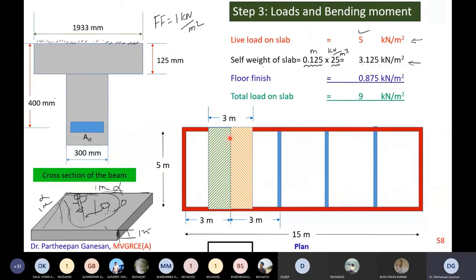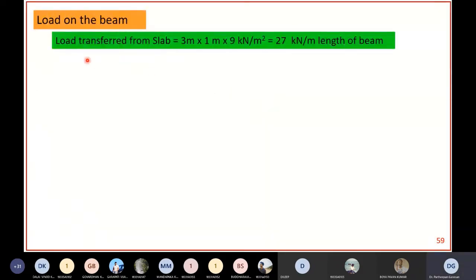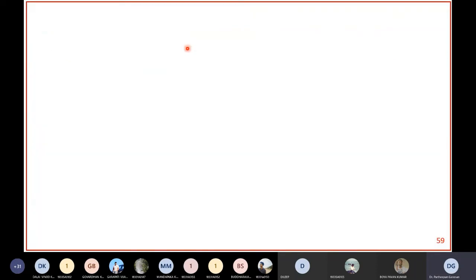Now for 1 meter length of the beam, how much load will come? This 9 kilonewton per meter square is the total load on the slab, including the self-weight, the floor finish, and the live load. So the load transferred from slab is over 3 meter width.